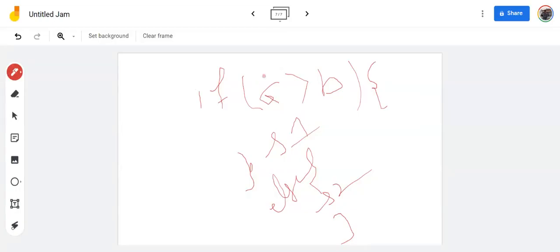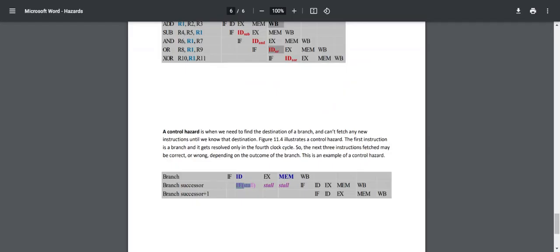Why? Because until this logical operation A greater than B gets evaluated, you don't exactly know, among S1 or S2, which instruction to be fetched, right? Then what is the solution?